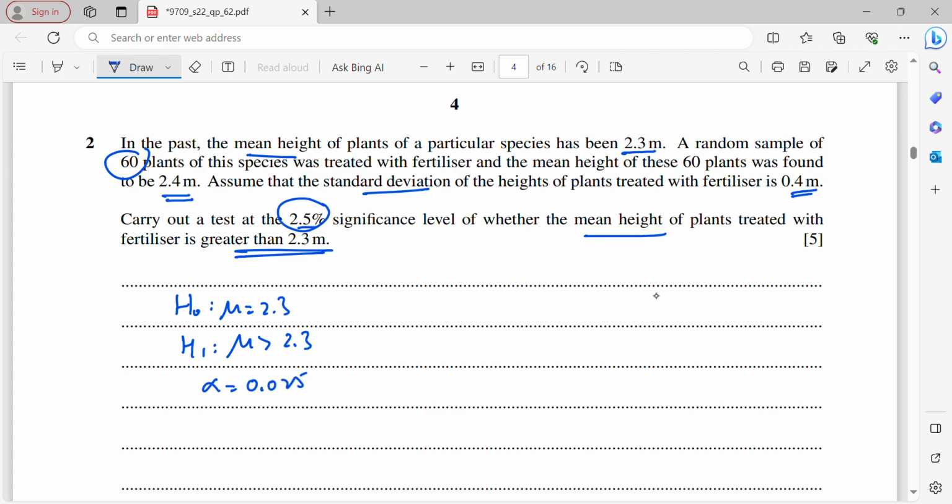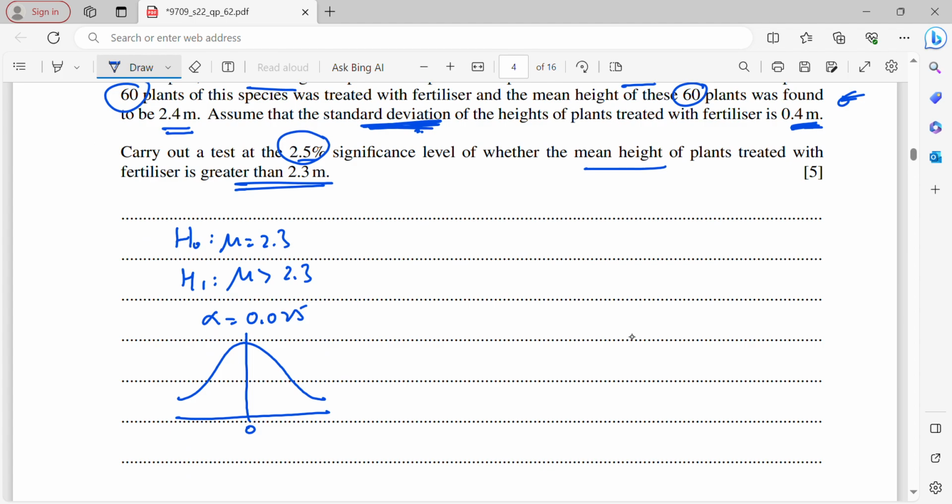Okay, so from here, when you look at the first paragraph, you are given the standard deviation, which is 0.4. And then the n is large, 60. Therefore, we are using the normal graph. I would say we are using a z-test. So now I draw the graph, and this is 0.